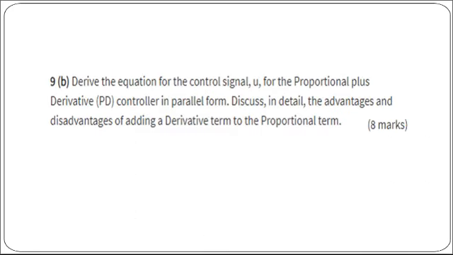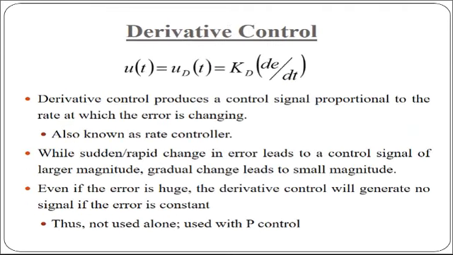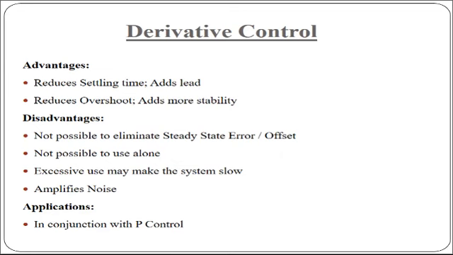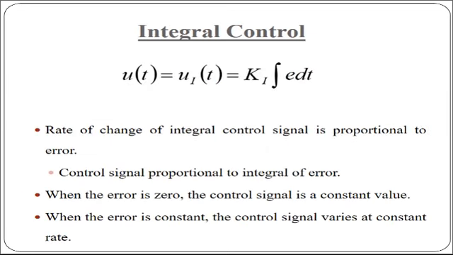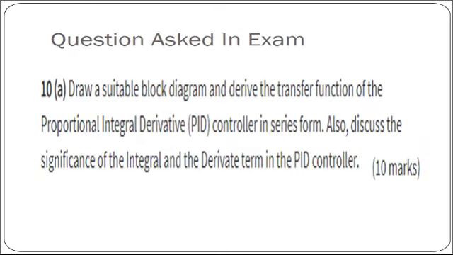But we can use the integral controller along with the proportional controller, and the derivative controller along with the proportional controller, because of the unique characteristics of the proportional, integral and derivative controllers. In this lecture, we have to deal with how and why we can use the PID control combined, that is the proportional, integral and derivative controller.